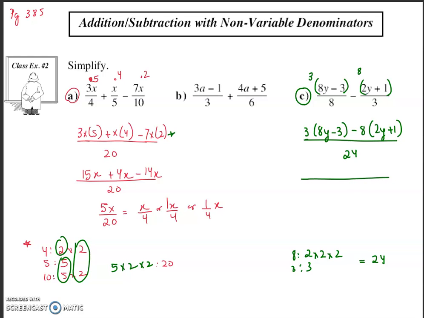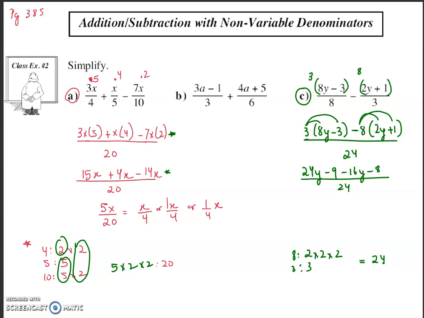So just like I did over here, where I wrote out what the multiplication is. Because we have a binomial, we're going to distribute this in. So this will become 24y minus 9. And here, make sure you take your negative with you. Negative 16y minus 8. Okay, all over 24.